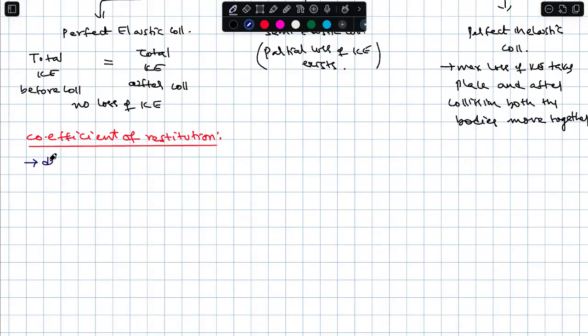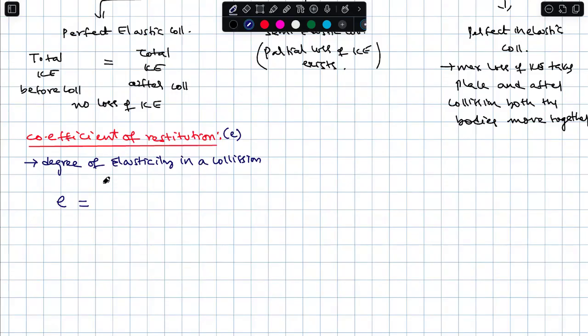So it measures the degree of elasticity in a collision. Remember, it is a number and it's positive all the time. Right. So it is a ratio. How is this defined? It is represented with a letter, small e.